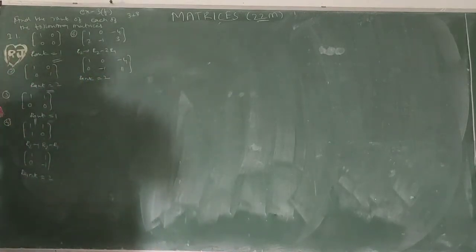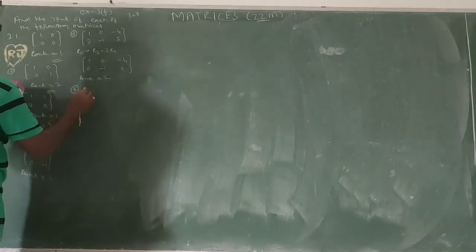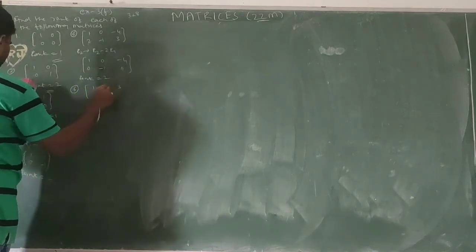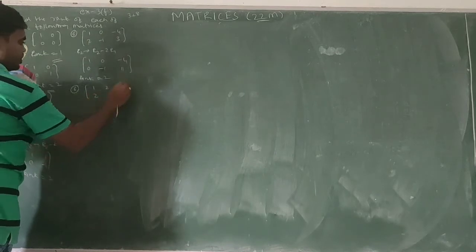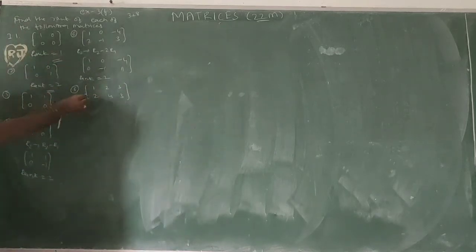Next, question number 6: 1 2 6, 2 4 3. We need to convert this to 0.